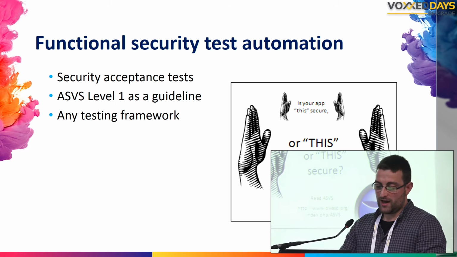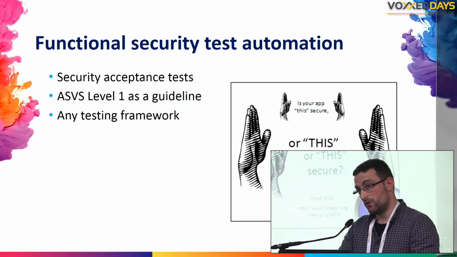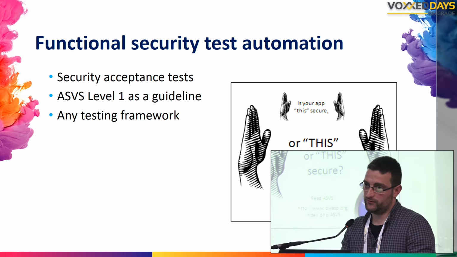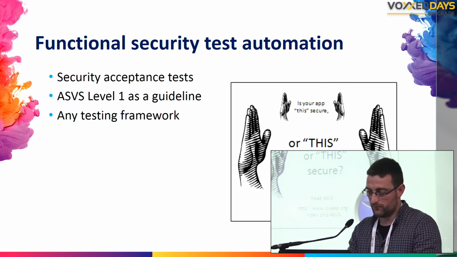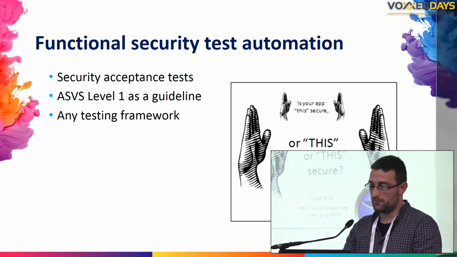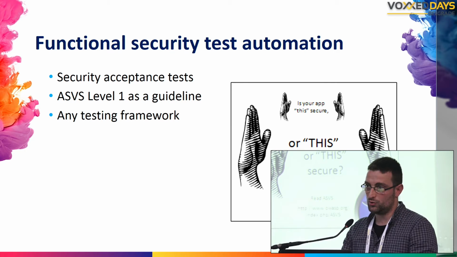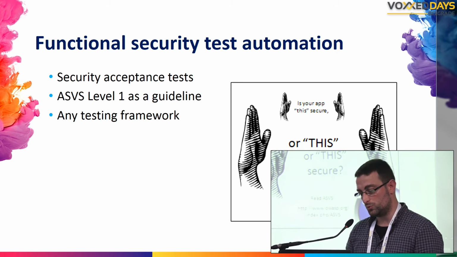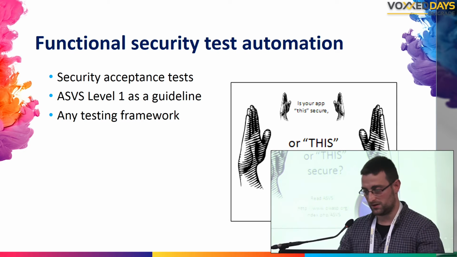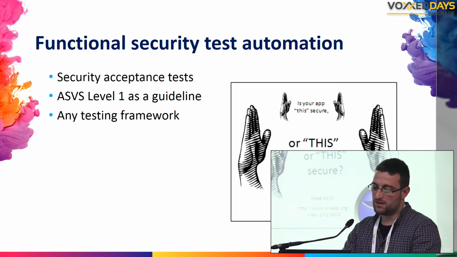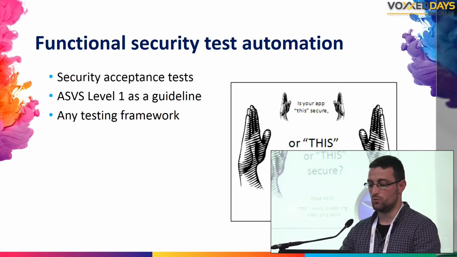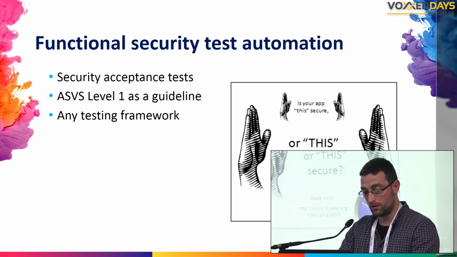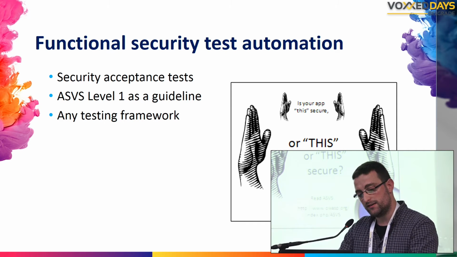So we wanted to use ASVS level 1 as a guideline, as I said before, and we did. Some parts of ASVS can be automated, some cannot, unfortunately, but most of them are really good as a guideline to what you can do to make those tests, even if you cannot automate them at all. For example, in ASVS you have these categories that you want to test for, and one of them is authentication, for example.